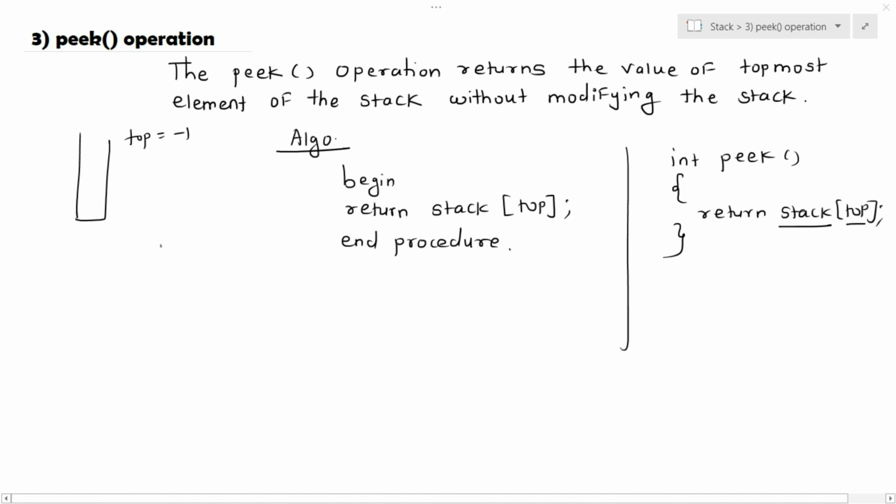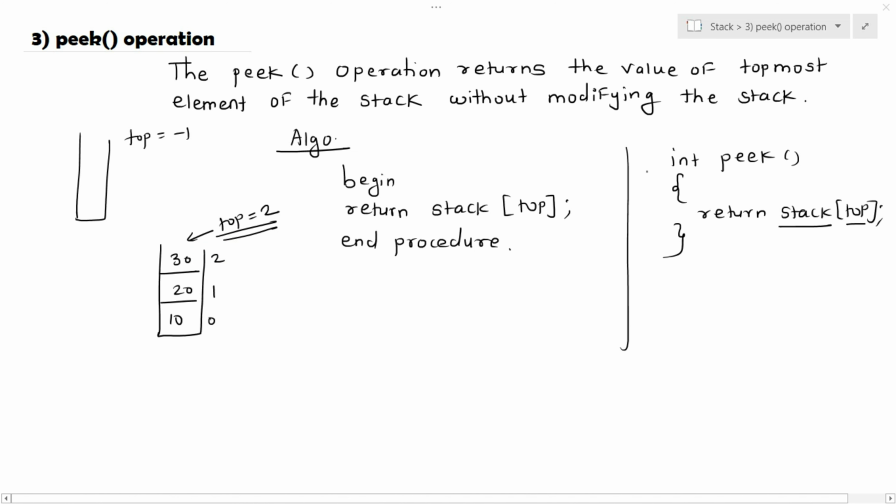Let's say for example we have a stack here with elements 10, 20 and 30. Now top points to 30, so this is the top, and the value of top is equal to 2, because 10 is at index 0, 20 is at index 1, and 30 is at index 2.